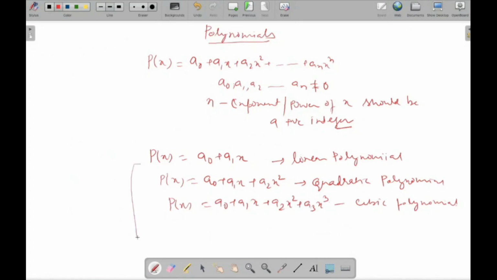Even this one, where I just have x here, would be called a linear polynomial. If I compare with the generic form, a0 is 0 here, but a1 is 1. So this is also called a linear polynomial.